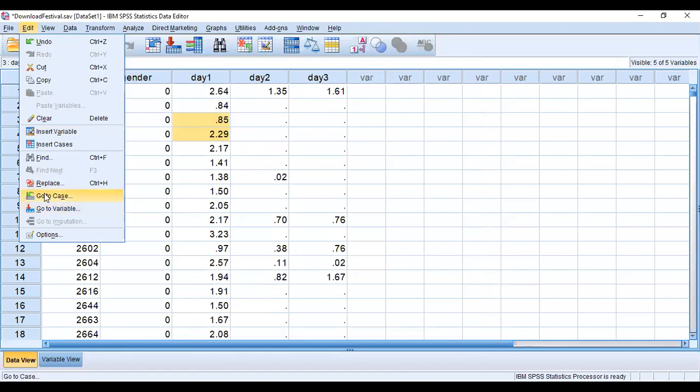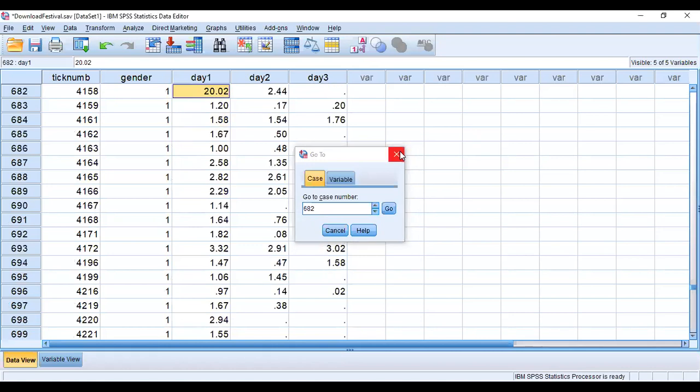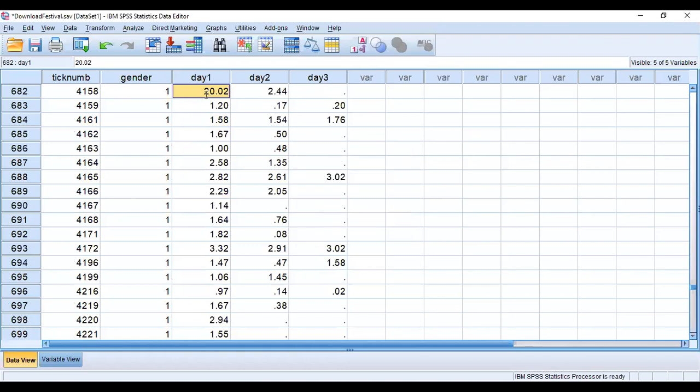Here we will find that particular individual, and we will type 682, because through the graph we identified him, and here we will write 682 and go. Now cancel this one. This is the person who has given 20.02. Now we can correct it. Actually he was giving 2.02, but by mistake he entered 20.02.